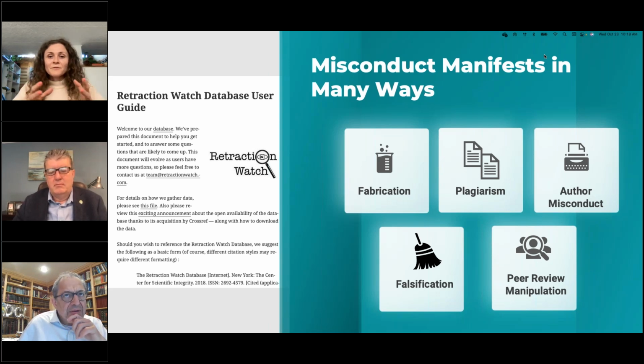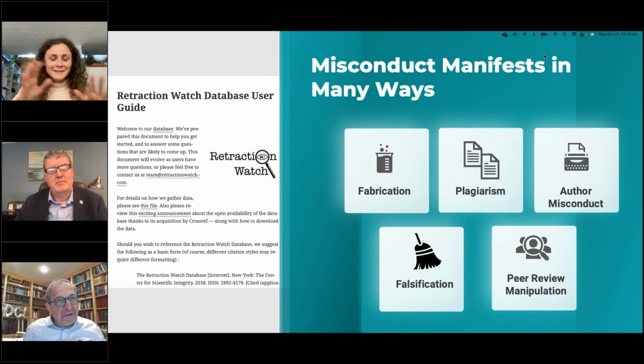And in terms of ways of misconduct, I think there are so many creative ways of doing this. So we see data manipulation and image manipulation, which have been talked about for a long time.